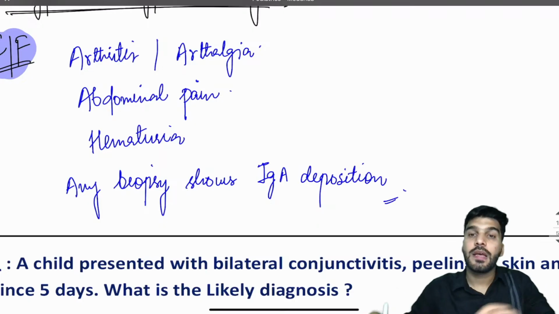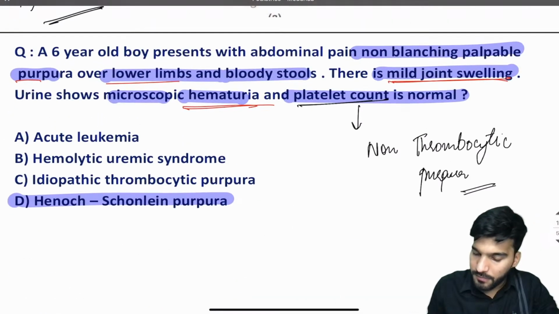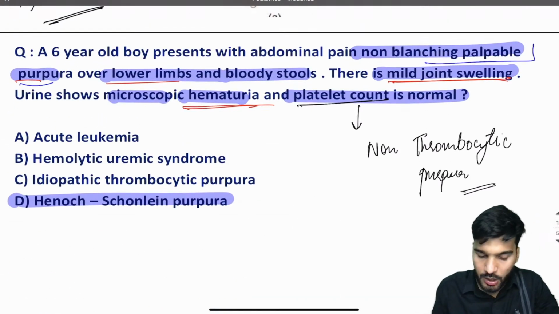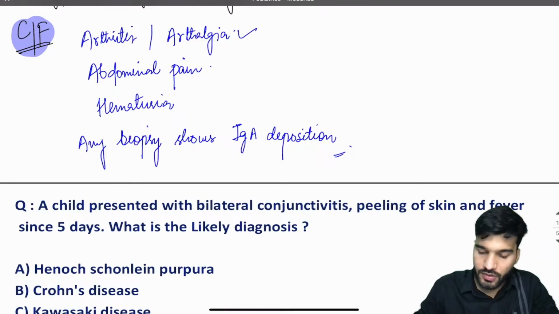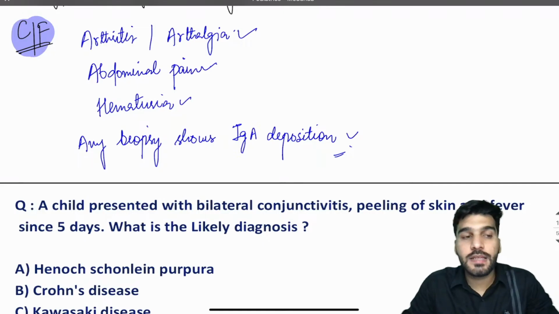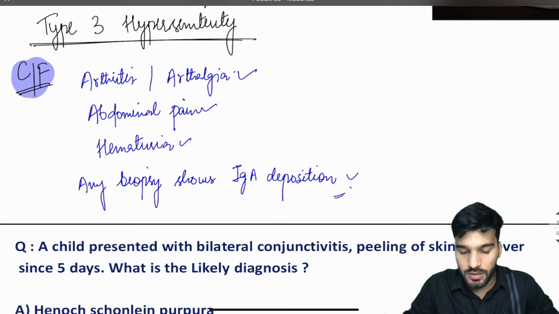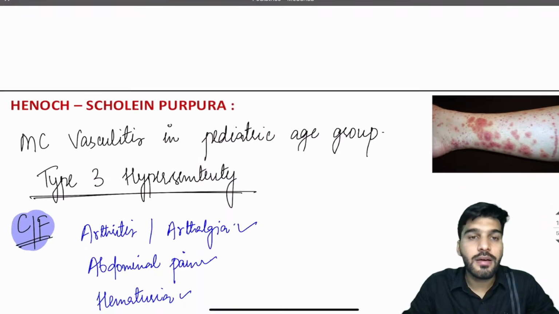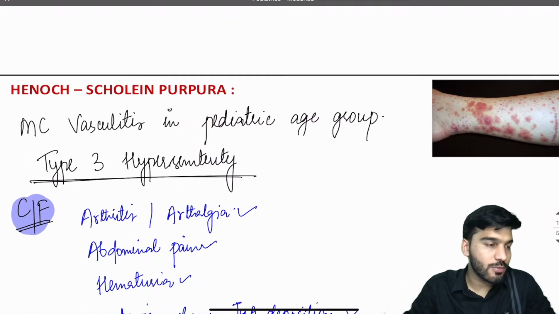So do remember, guys, there should be palpable purpura, along with that one of these should be present: arthralgia, abdominal pain, hematuria, or biopsy showing IgA deposition. Your answer is going to be HSP.